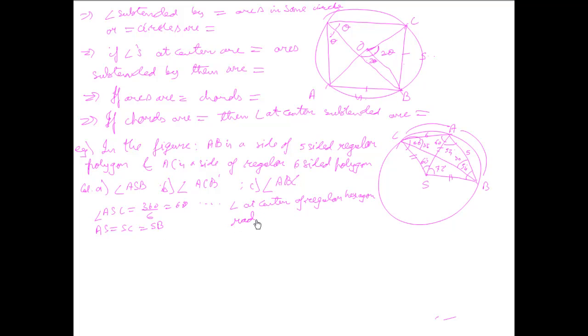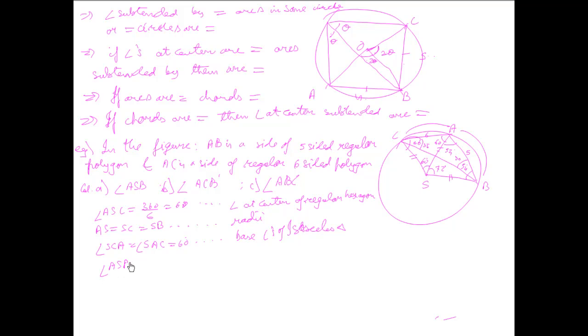They're all equal because they're all radii, children. Therefore, angle SCA is equal to angle SAC equal to 60 degrees. Base angles of isosceles triangle.